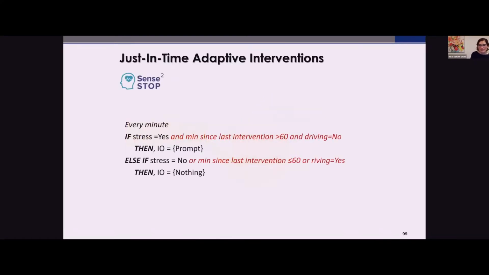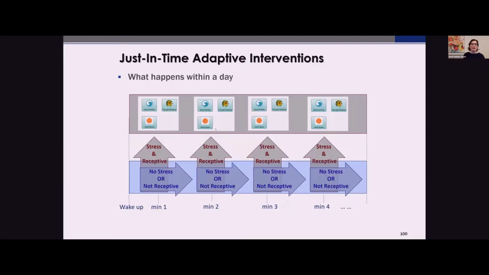So for example, in Sense to Stop, of course, we're not delivering an intervention every time the person experiences stress. We deliver an intervention if the person experiences stress and the person did not receive an intervention in the past 60 minutes and the person is not driving a car. We're delivering an intervention when the person is vulnerable and receptive, right? That's what we need the adaptation.